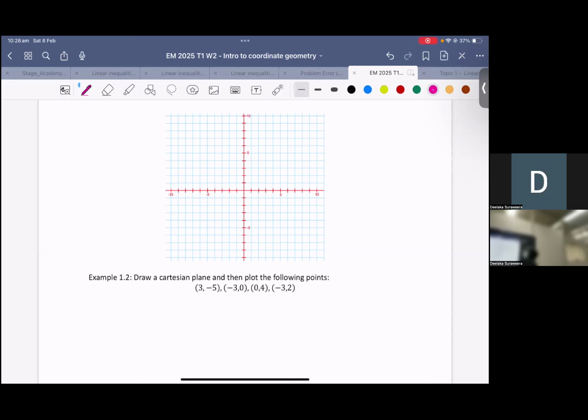Yeah, do you see this? I know it's annoying, and I feel you because I hated drawing this as well. But you just have to do it, you know?